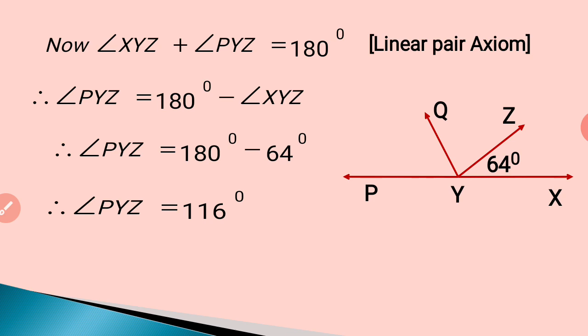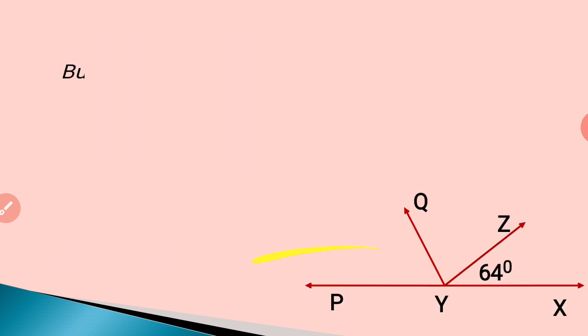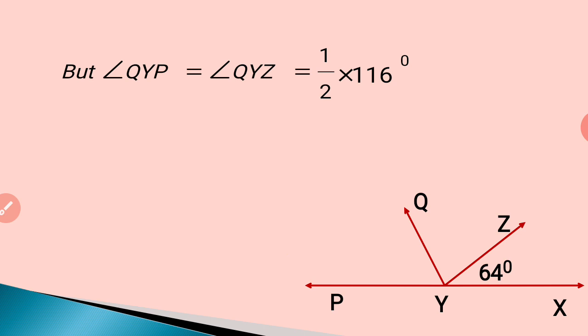Now that we already know the measure of angle PYZ, we can find out the measure of angle QYZ because YQ is the bisector. So we are dividing it into two parts. So angle QYZ will be equal to half of it, that is 58 degrees.